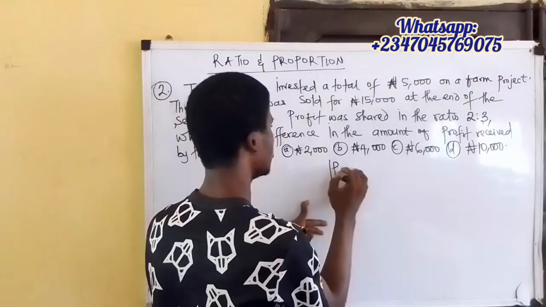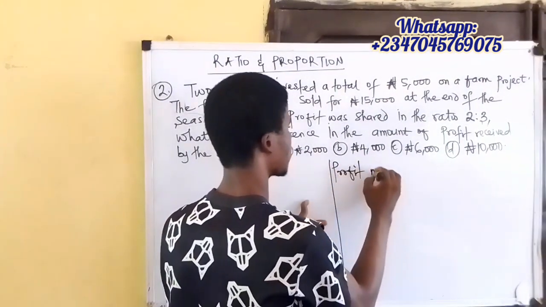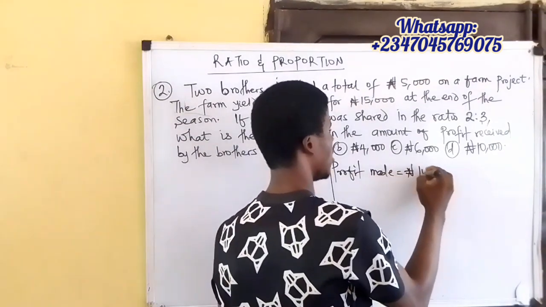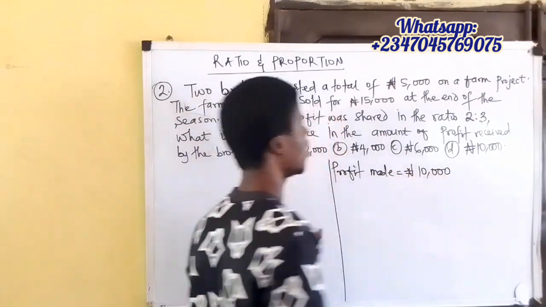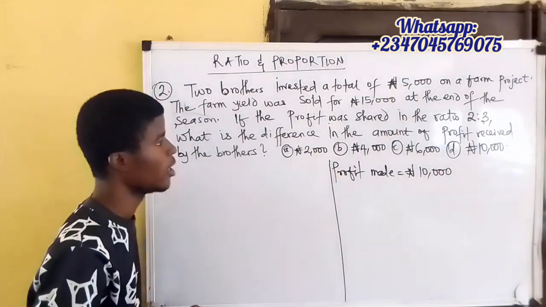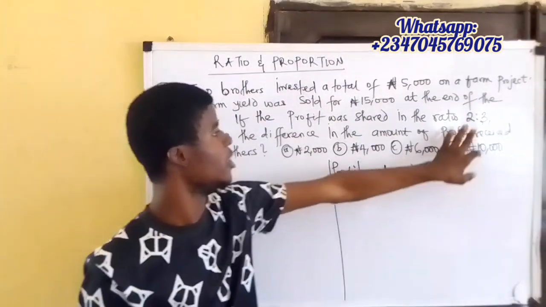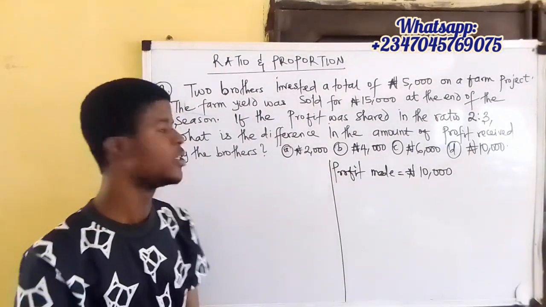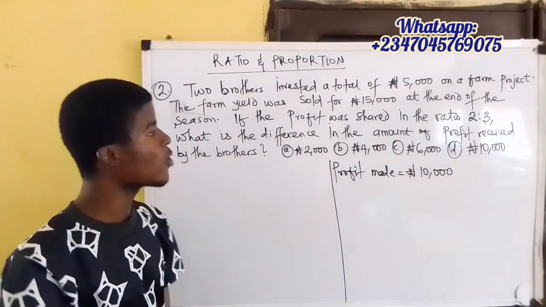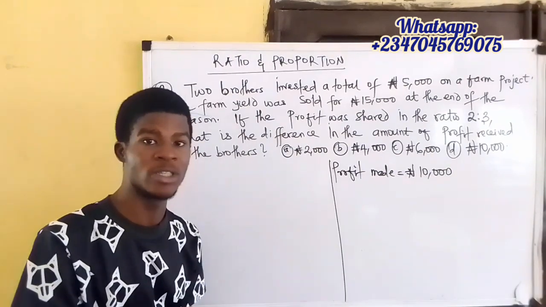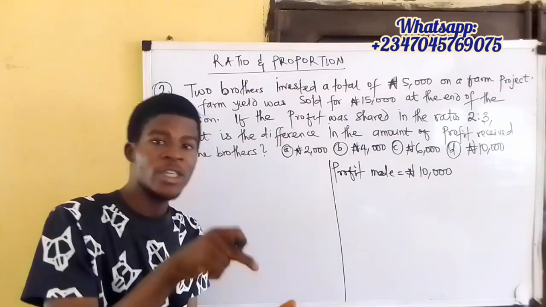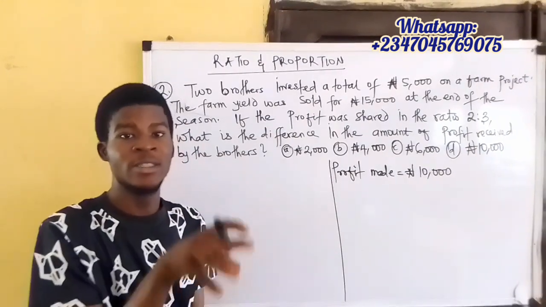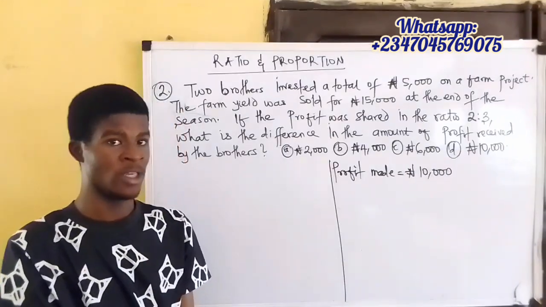So the profit made is 10,000 naira. They shared this very profit in the ratio 2:3. What is the difference in the amount of profit received by the brothers? Before we can get the difference, we need to get what each of the brothers received.